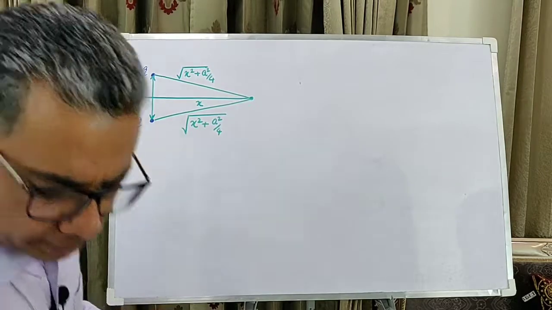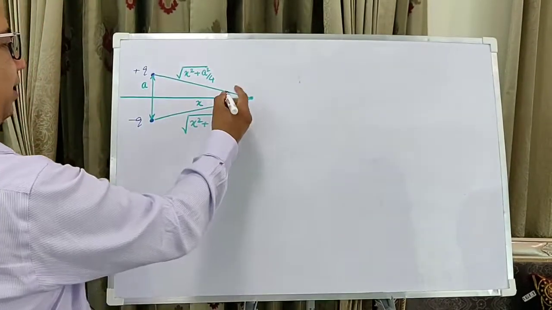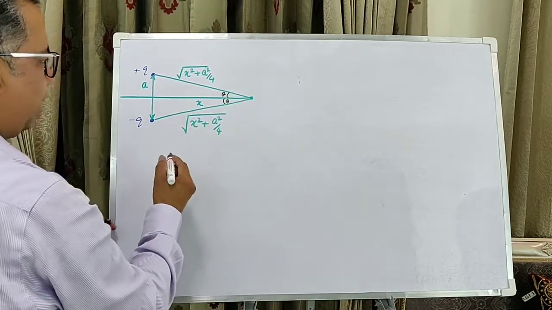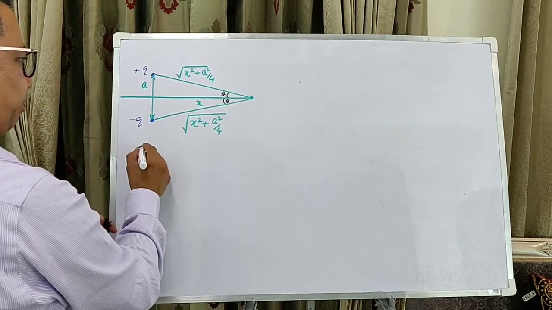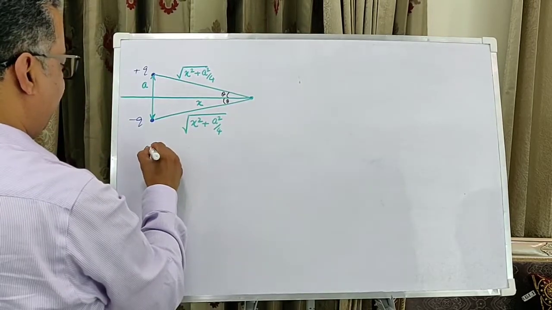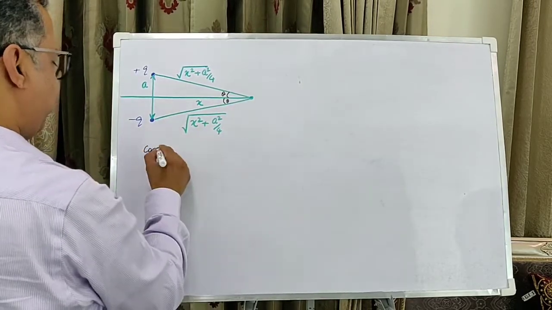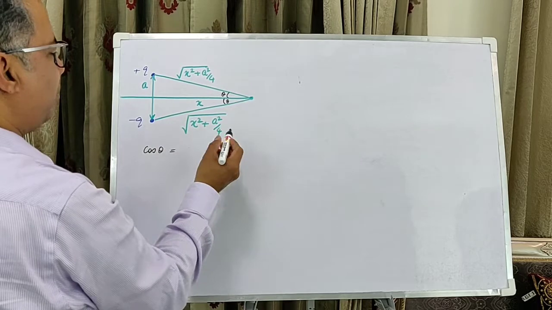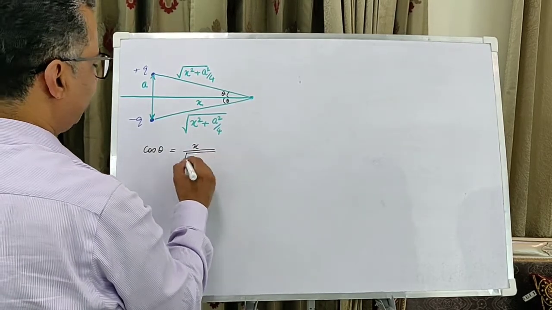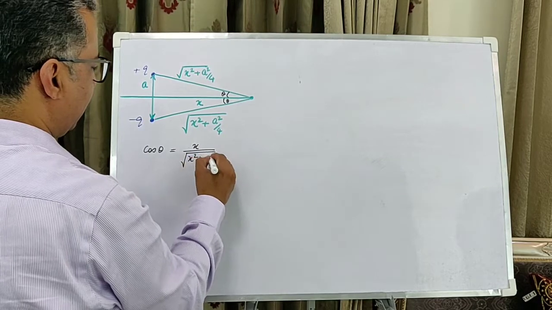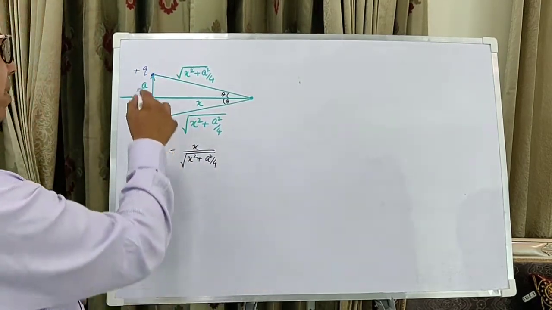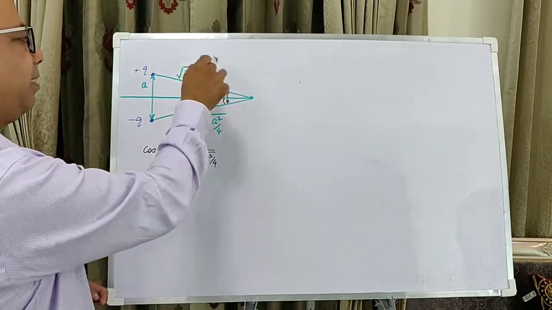If we take this angle here to be theta, then this will also be theta, and you can easily calculate the values of sine theta and cos theta from here. For instance, cos theta will be x divided by root of x square plus a square by 4, and similarly you can calculate sine theta, it would be a by 2 divided by this length here.